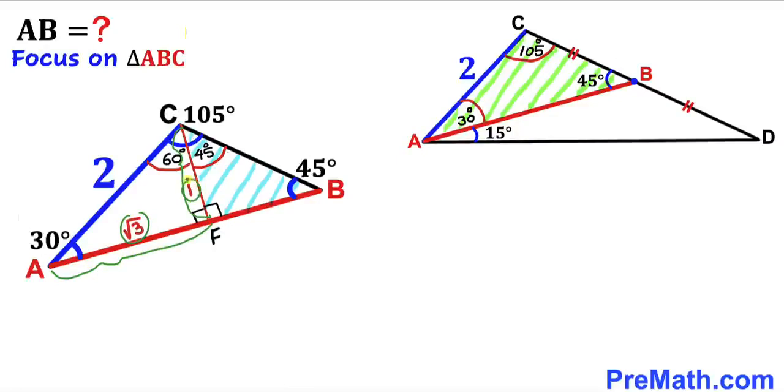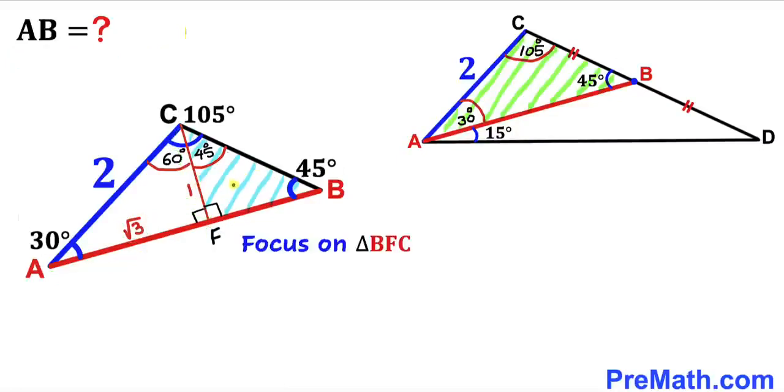And finally, let's focus on this triangle BFC. And we can see that this is an isosceles triangle, since this is 45 degrees and this is 45 degrees as well. So therefore its side length BF must be equal to this side length CF. So therefore if this side length is 1, then this BF side length is going to be 1 unit as well.